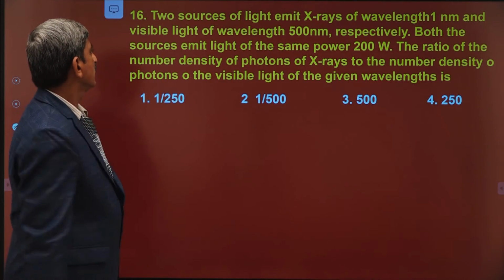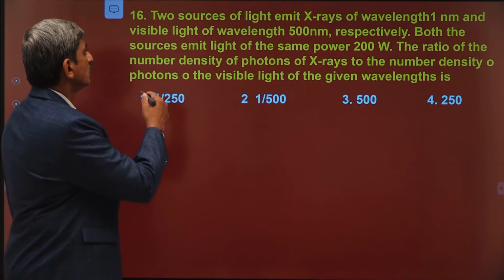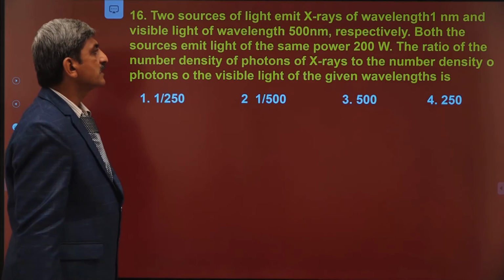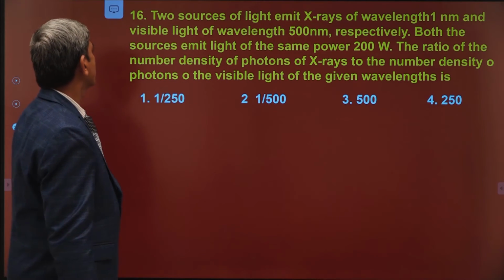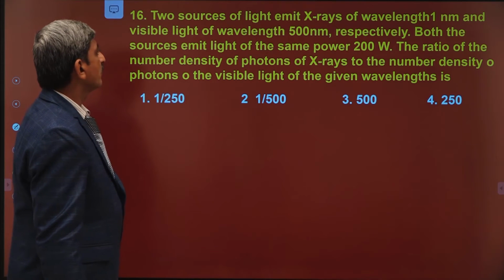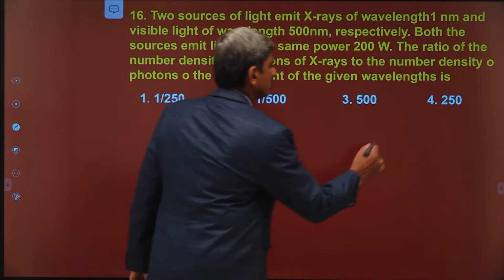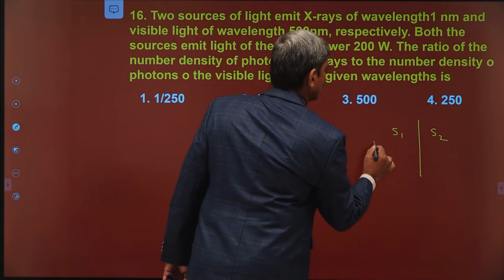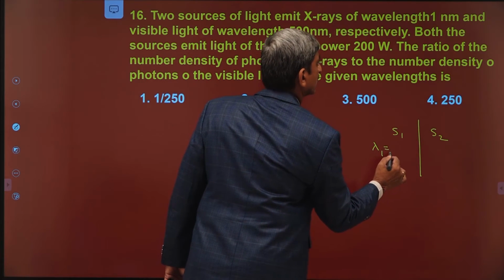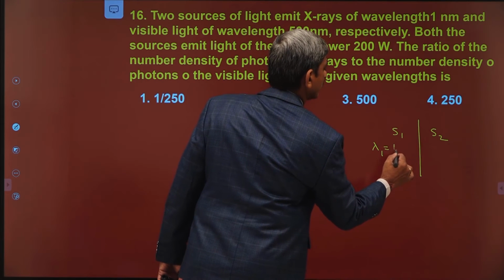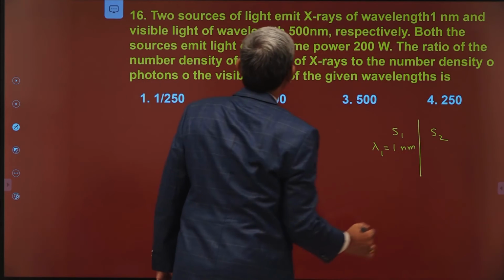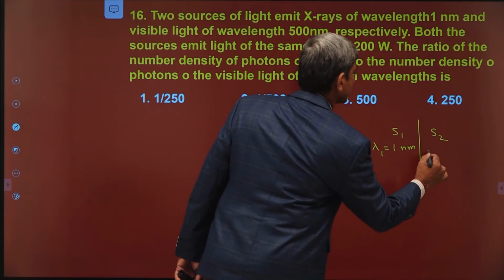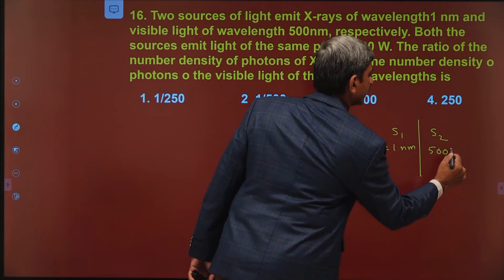Now come to another problem. Two sources of light emit X-rays of wavelength 1 nanometer and visible light of wavelength 500 nanometers. This is source 1, this is source 2. For source 1, the wavelength of radiation is 1 nanometer. For source 2, the wavelength of emitted radiation is 500 nanometers.